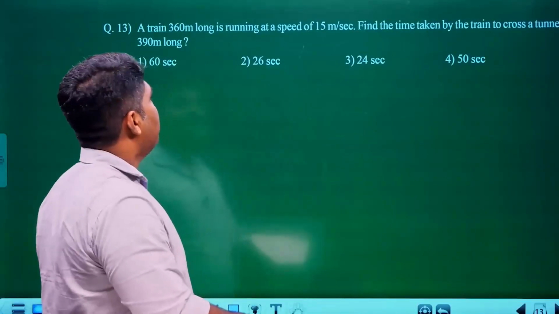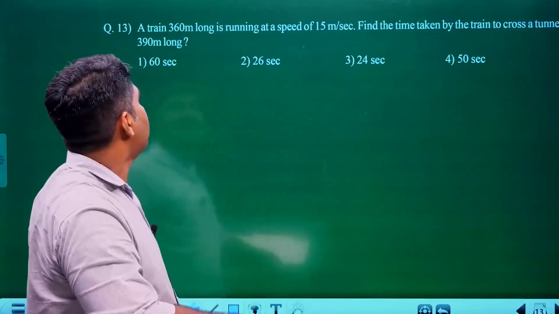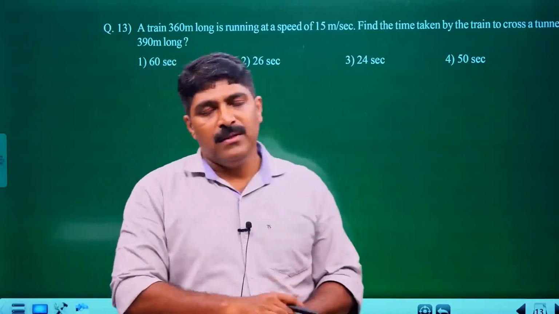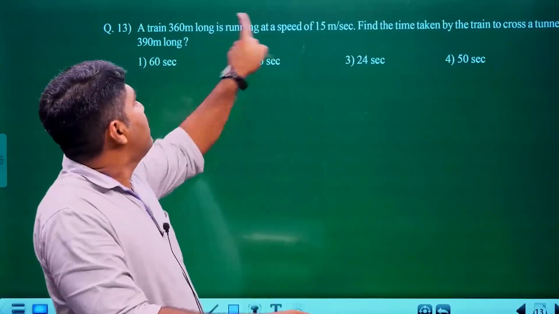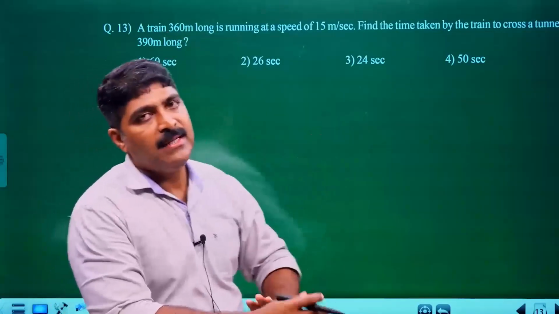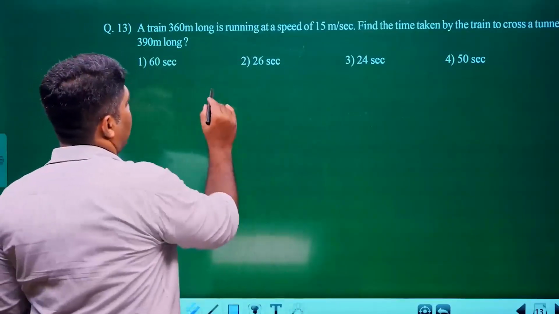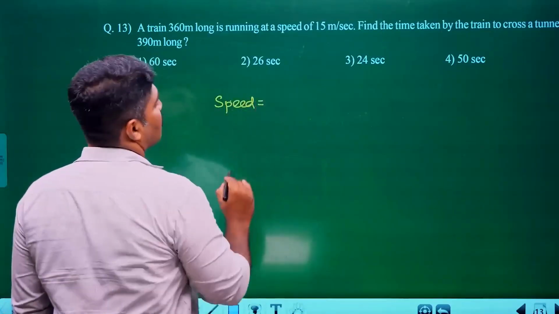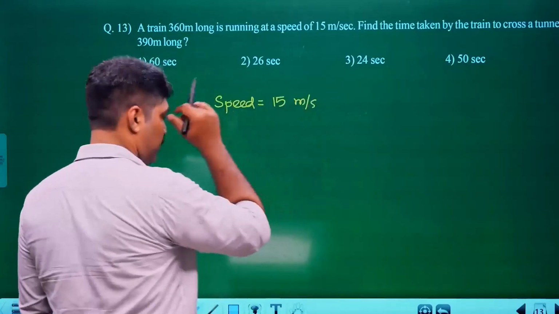A train 360 meter long is running at a speed of 15 meters per second. Find the time taken by the train to cross a tunnel of 390 meter long. So you just recall the concepts which we discussed earlier. Here, the length of the train is given, and the length of the tunnel is also available. First we have to consider the speed of this train. The speed of the train is 15 meters per second.